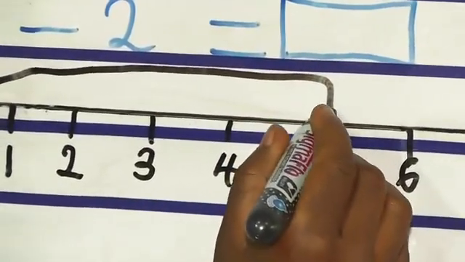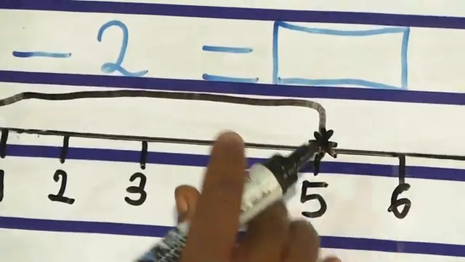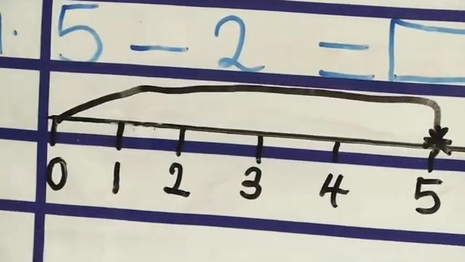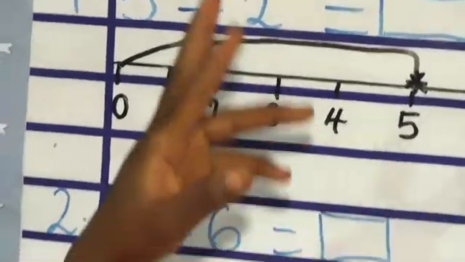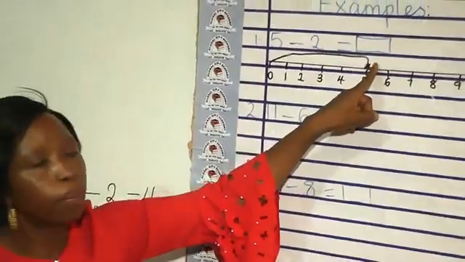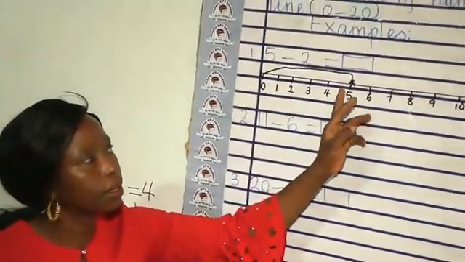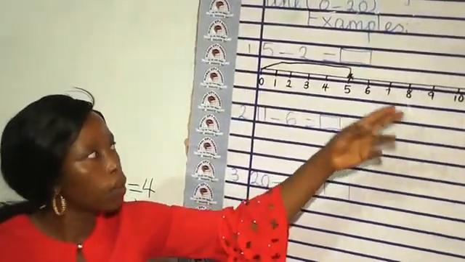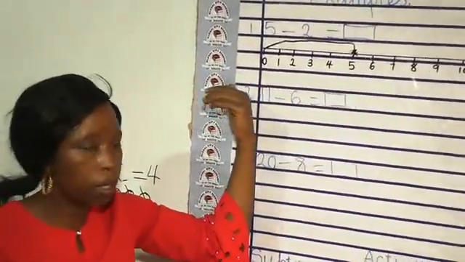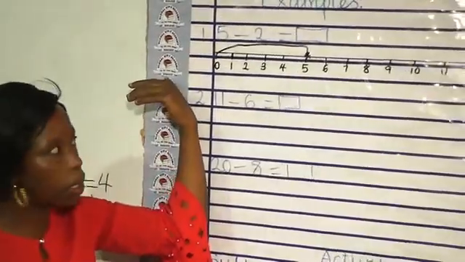And then you put your star there, indicating you are stopping here. You remember when we were doing the addition, we did something like this also. But in subtraction, we are not adding forward. We are subtracting, or we are removing. We are moving backwards, sorry. We are moving backwards. Okay?